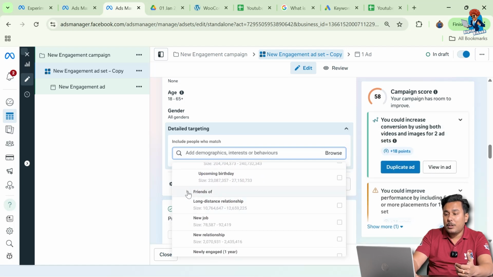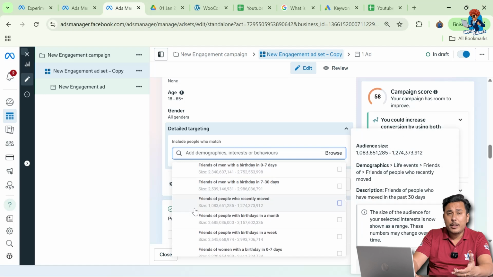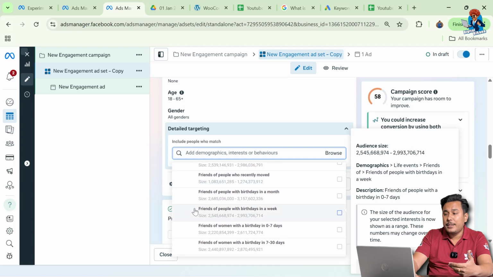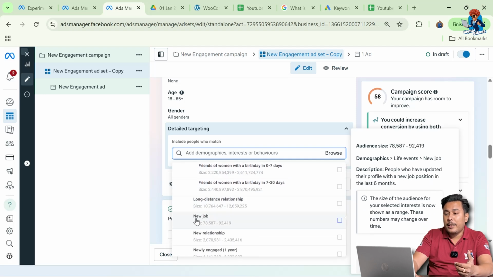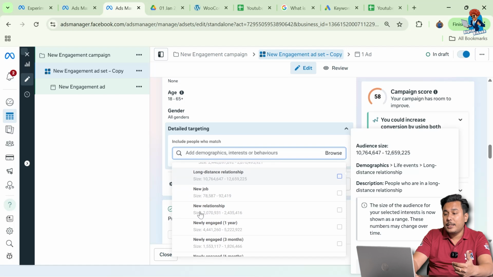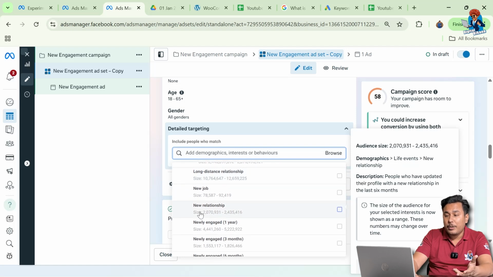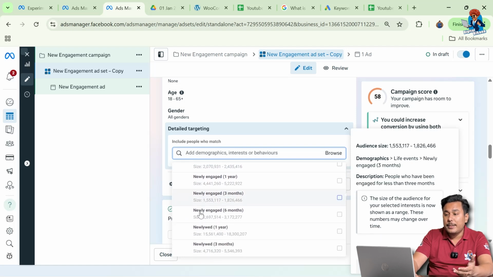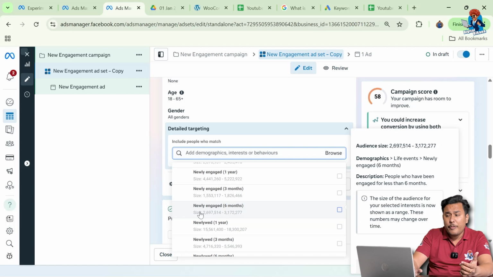Scrolling down, friends of, if you're running a cake shop, then you can target people who are friends of a man with a birthday in 0 to 7 days, 7 to 30 days. Like you can target people who are living in long distance relationship, have got a new job or new relationship. If you are running a wedding photography business, then you can target people who are newly engaged.